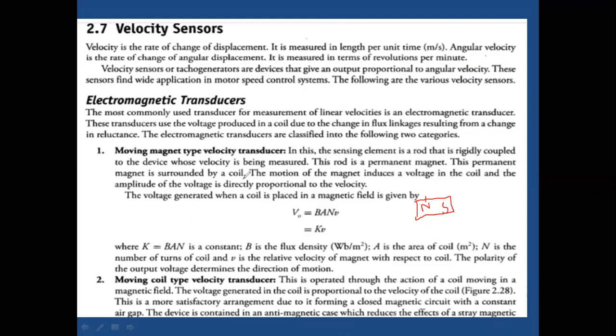This permanent magnet is surrounded by a coil. So I have a coil here on both sides. The motion of the magnet induces a voltage in the coil, and the amplitude of the voltage is directly proportional to the velocity.